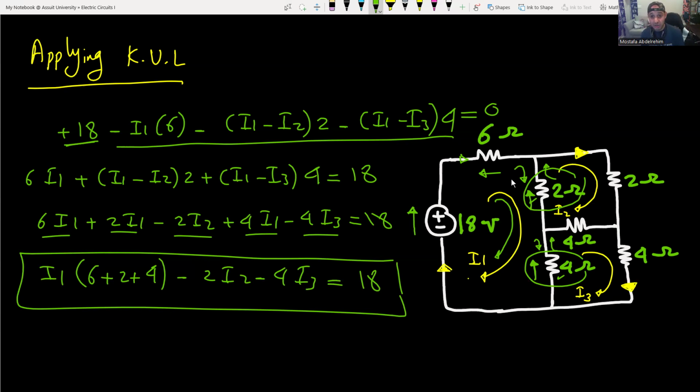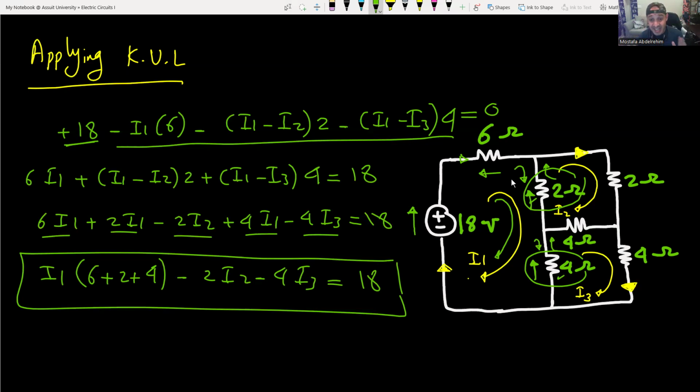You can just multiply I1 by the summation of all the resistances in its mesh, then subtract the shared branches, so minus 2I2, minus 4I3, and equal to the battery. The battery will have a positive voltage if it's in the same direction as the rotation, and in this case it is. It will be negative if it's in the opposite direction. Okay. Good. That's for the first mesh.